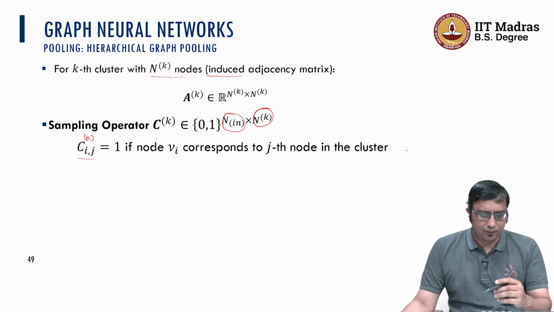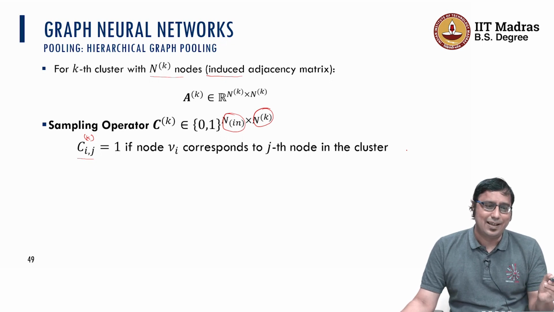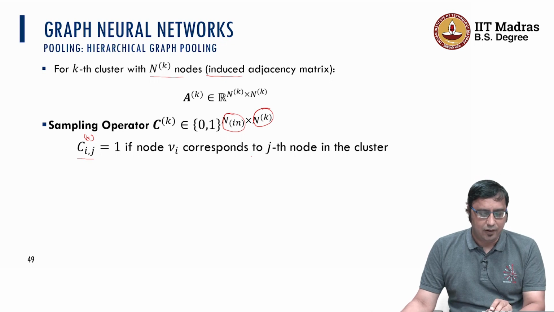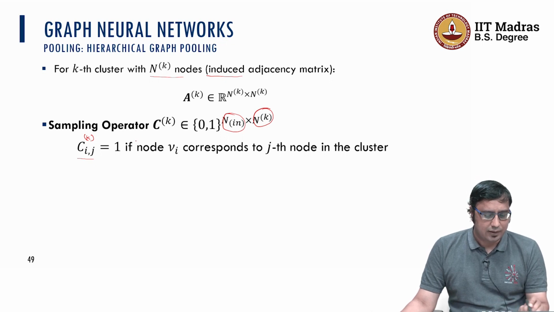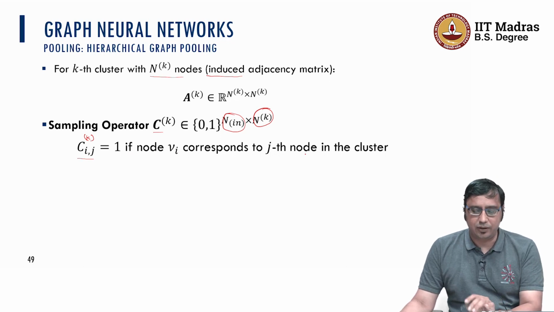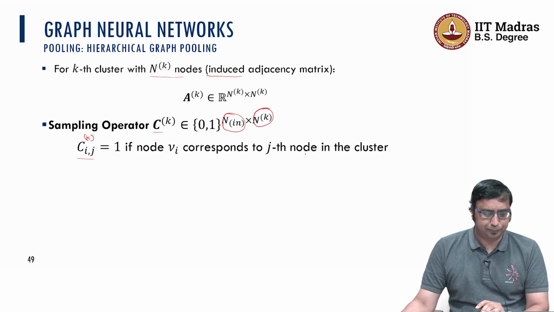So I would have a set corresponding to the kth cluster, and I define the elements of C_k based on node v_i corresponding to the jth node in the cluster.